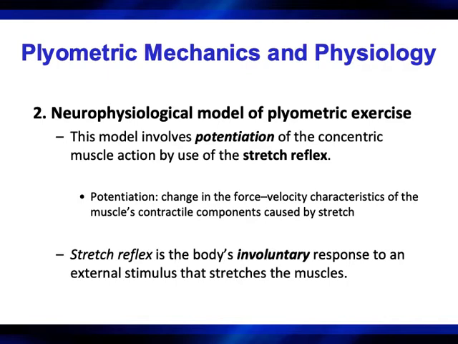And this is based on potentiation in the neuromuscular system or the nervous system. Okay, so the stretch reflex is the body's involuntary response to an external stimuli that stretches the muscle. The amount of tension generated by stretching the muscle is dependent on the degree and the speed of the muscle's pre-stretch. So let's look at this in a little bit more detail on the next slide.